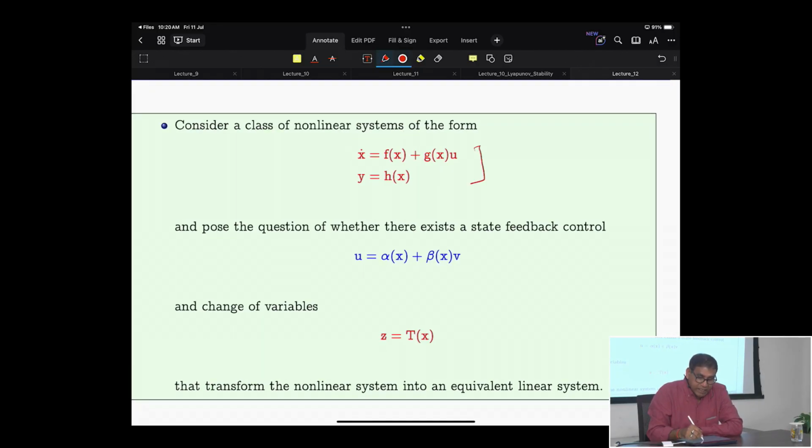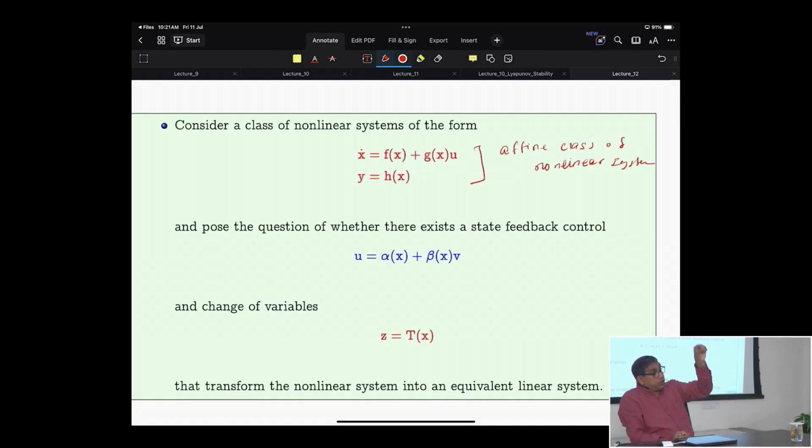Now see here, this particular structure is called the affine class of nonlinear systems: x dot is equal to f(x) plus g(x)u. That u is important, no u dot, no u square.